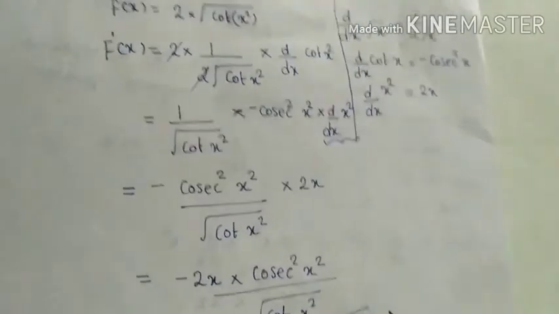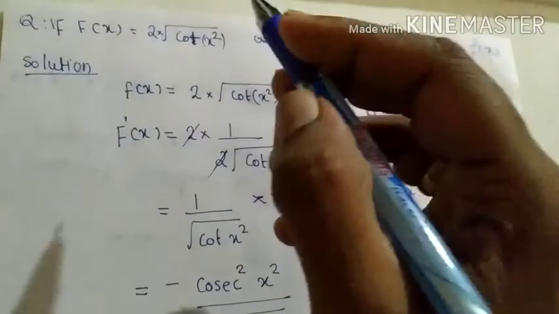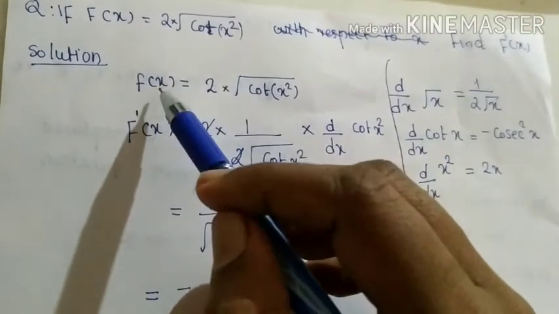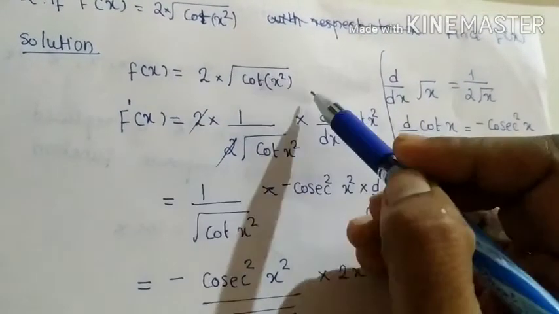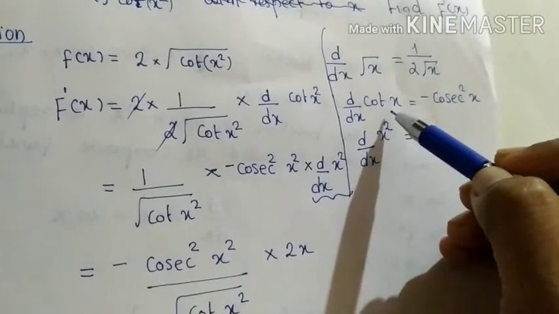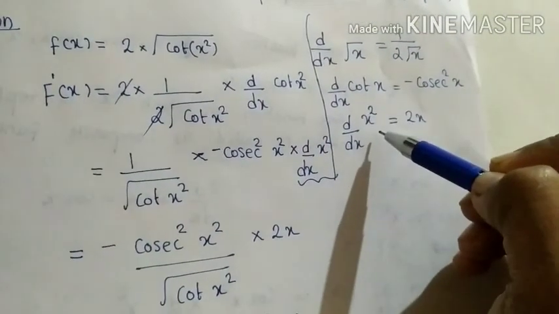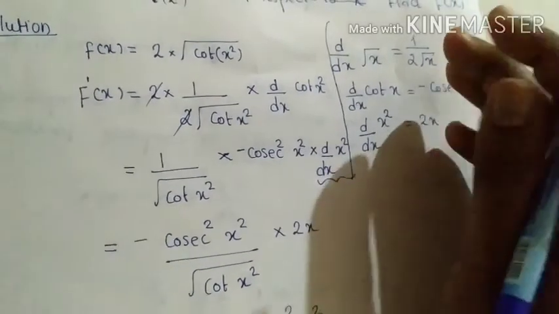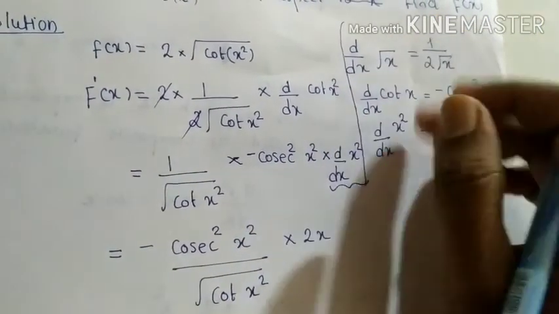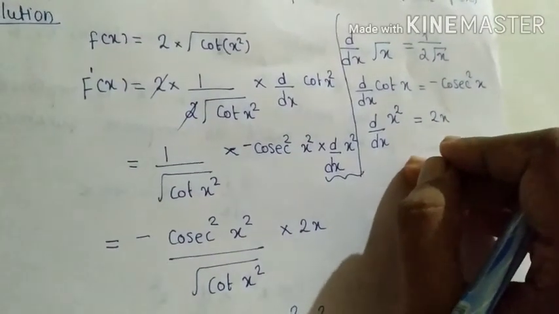I hope you understood. Here firstly this function consists of 3 standard functions. First one is root x, second one is cot x, third one is x square. Okay, so we need to find the derivative of these 3 functions.